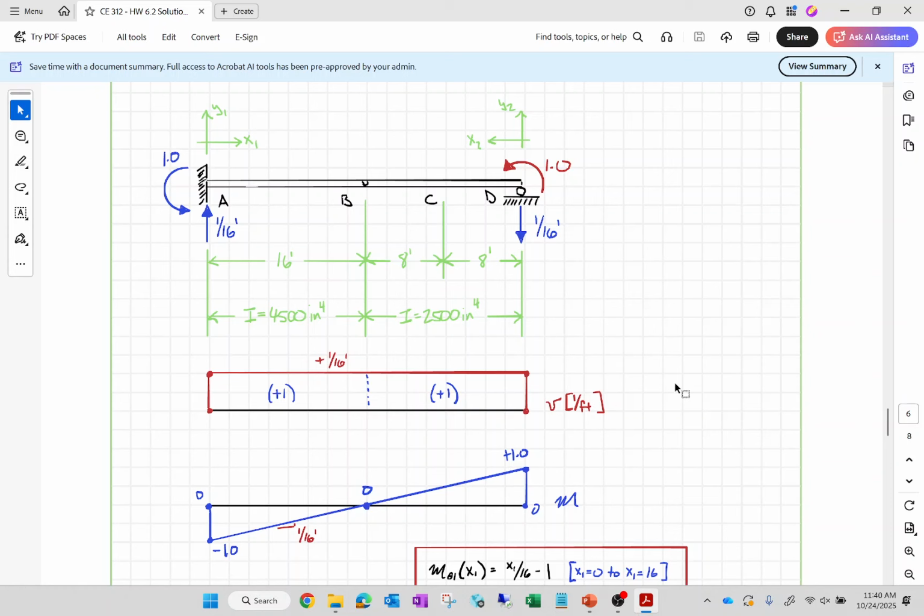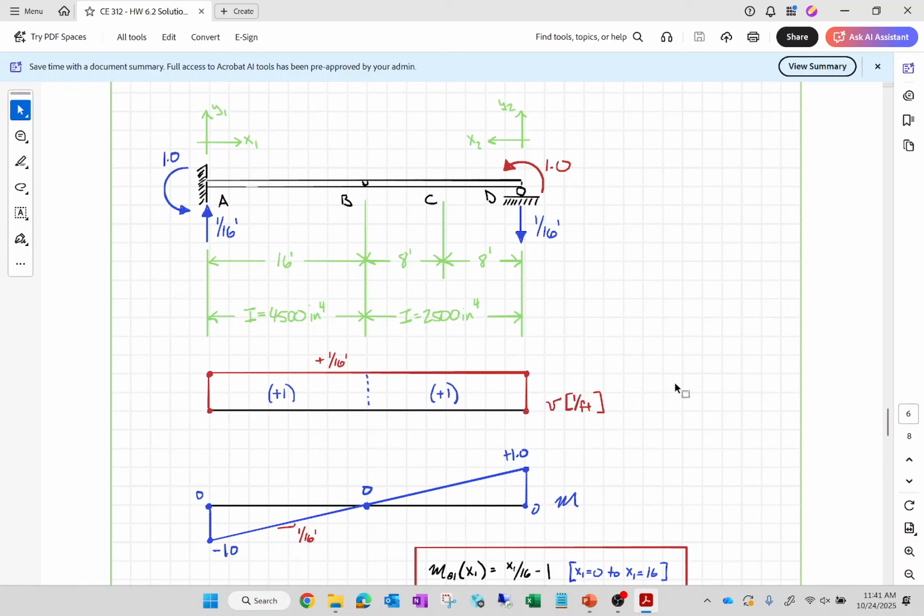You cannot logically claim, well, there's a vertical reaction here and a vertical reaction here, so they're both zero. That's not true, okay? I am not saying that they're both zero. I'm saying that their sum is zero, because that's not what equilibrium says. Equilibrium says that the sum of the forces is zero. It doesn't say if you have two reactions, they're both zero. That's a logical fallacy, okay? Does that make sense?